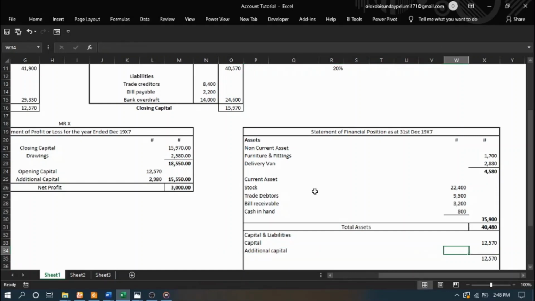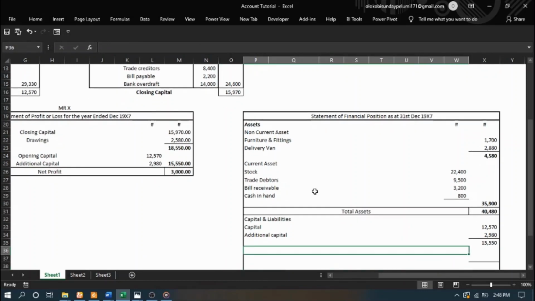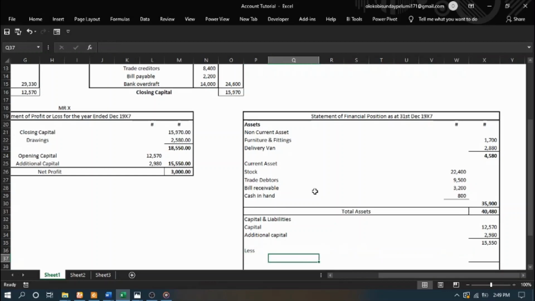So the additional capital is 2,980. So we have drawings. We have to deduct drawings from it. So let's do drawings.